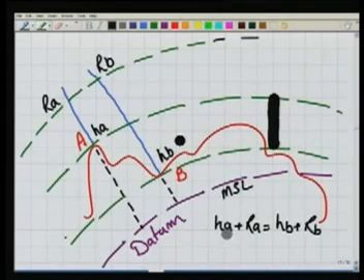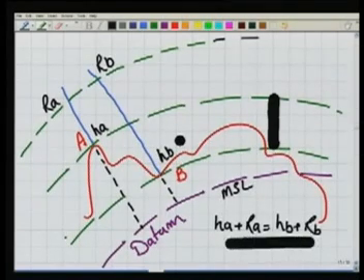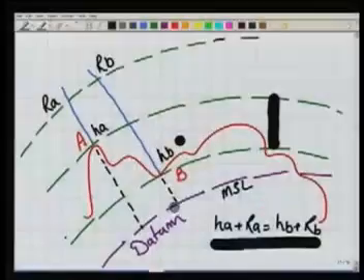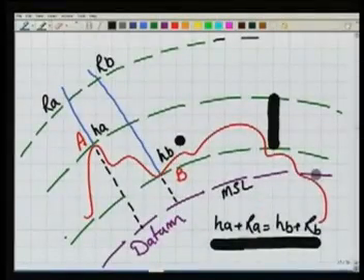So we can write the relation here again. It is the same relationship as in the previous case, but the only difference is that the datum is not a horizontal surface, rather it is the equipotential surface.